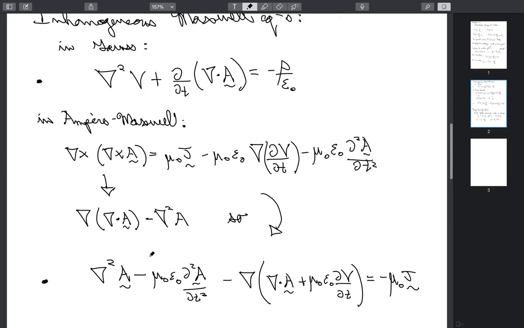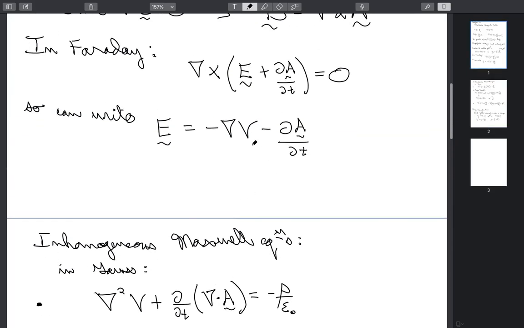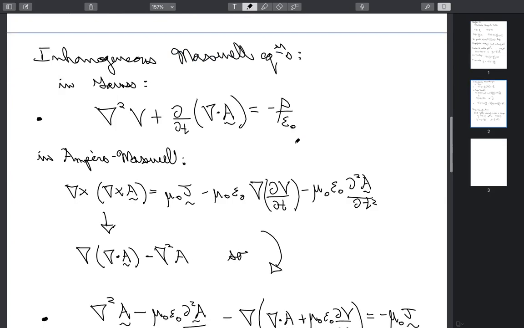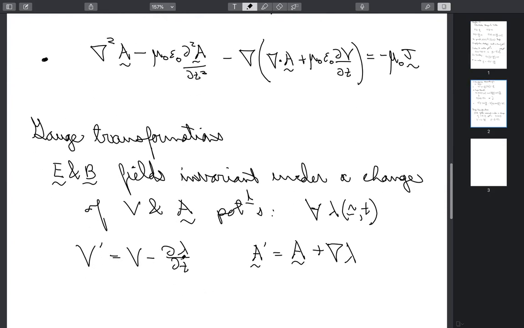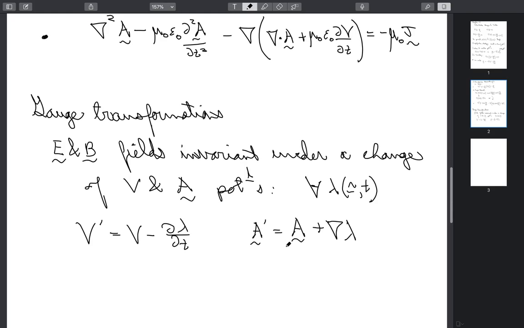In the expression for E, I have these two terms, grad and d dt of A, and these two things cancel, because I would take grad of this and then d dt of this, and these two things would add up to 0. And if I take the curl of this to represent my B, then because this is already a gradient of a function, its curl automatically vanishes. So that's the way to do a gauge transformation.